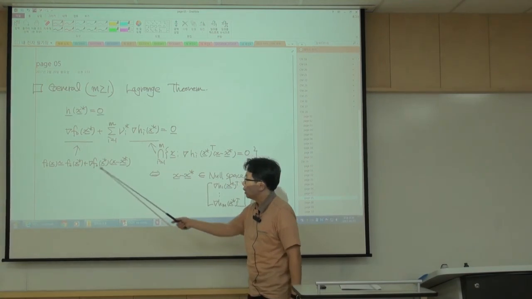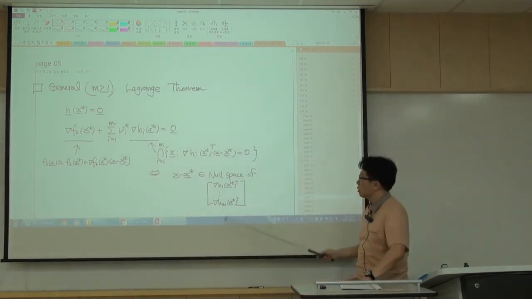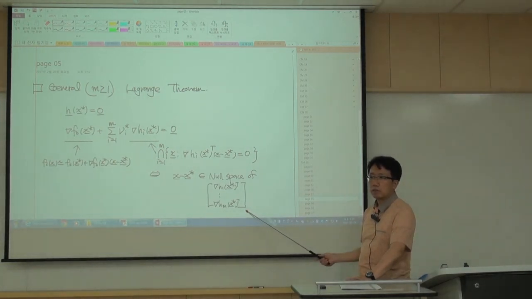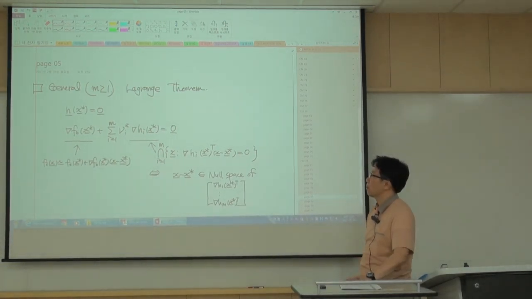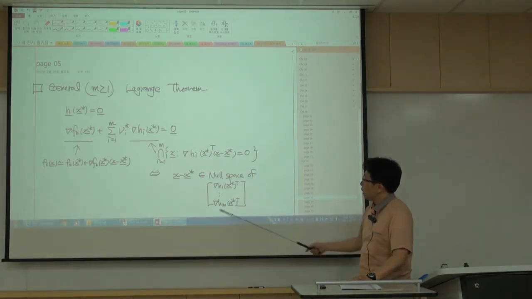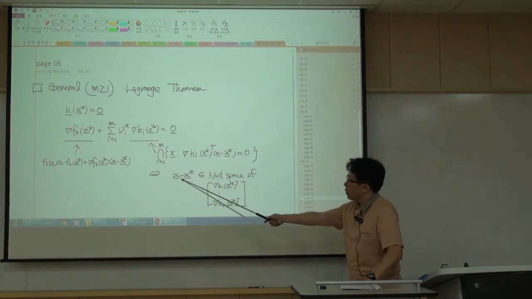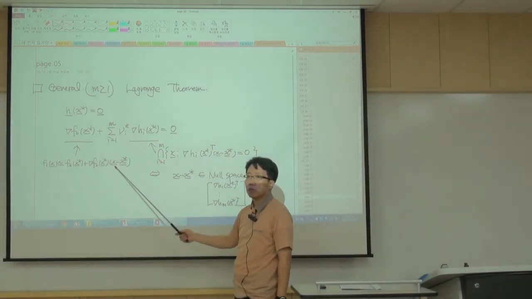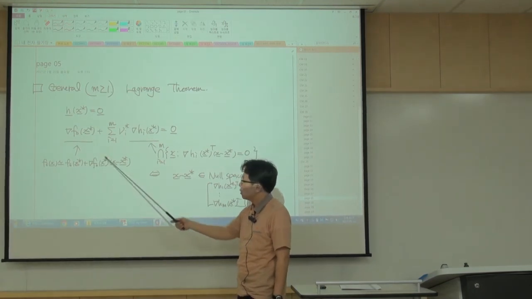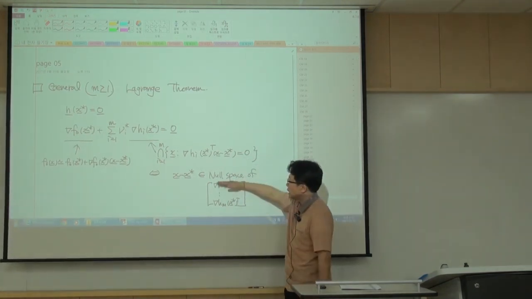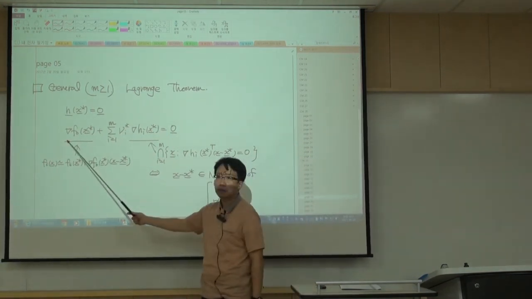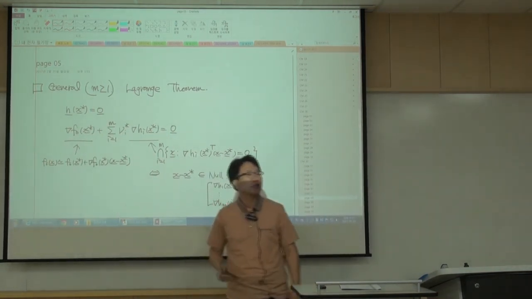When this is spanned by that one. Any member in this null space is orthogonal to this one. What does that mean? This must be spanned by these vectors. That's why we have that one. Got it? So it's a linear algebra result.